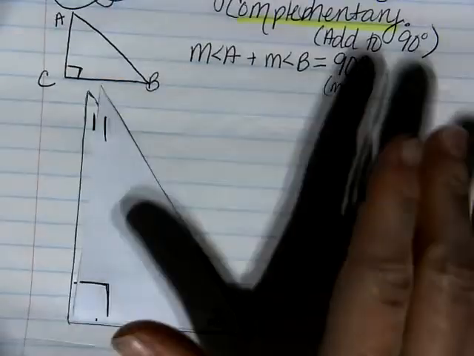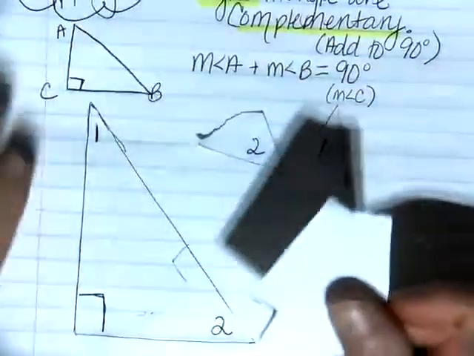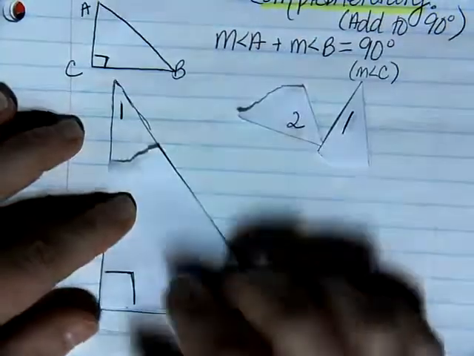And just like before, I would like you guys to please go ahead and pinch and rip angle 1 off and pinch and rip angle 2 off, just enough so that you have the angle detached. And then just like before, please go ahead and paste the remainder of this triangle back onto your drawing.